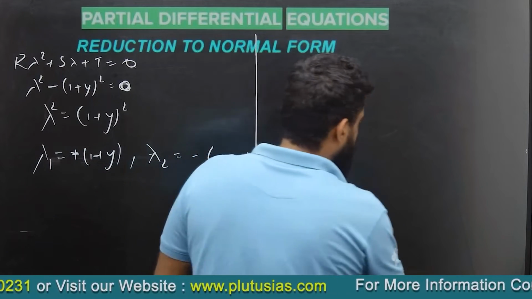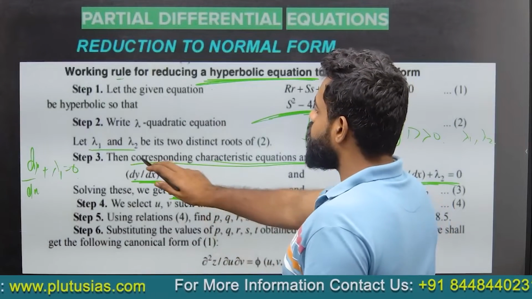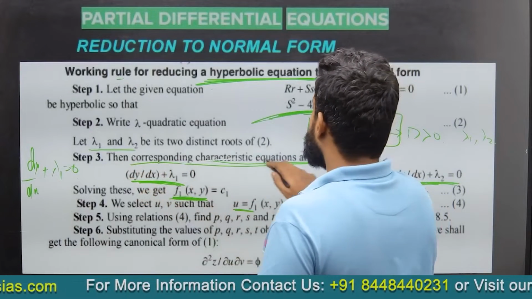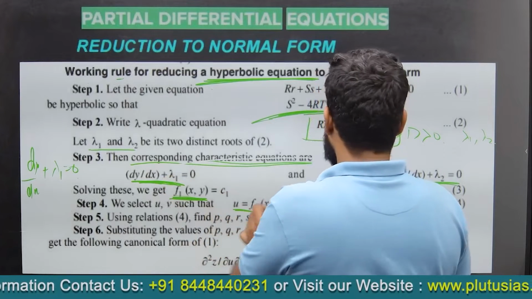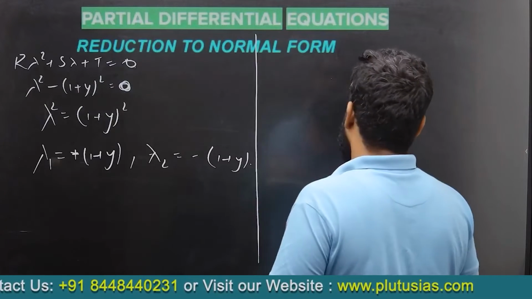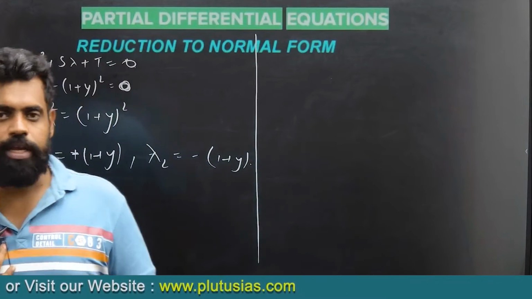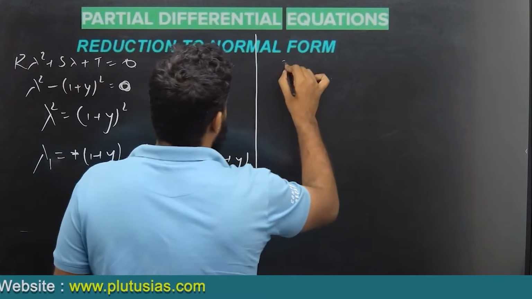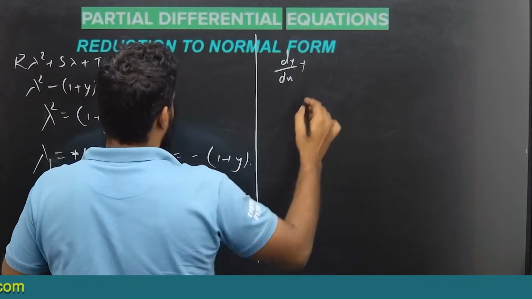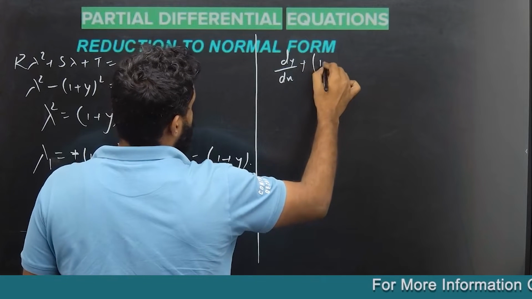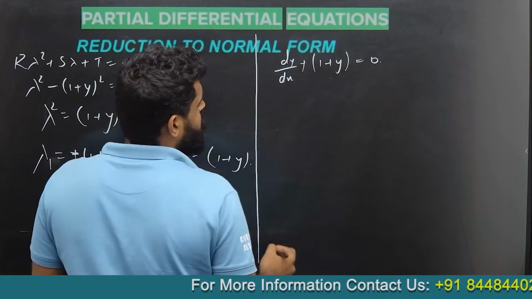Okay, so what is the next thing we have to do? The third step is the corresponding characteristic equation: dy by dx plus lambda 1 equal to 0, dy by dx plus lambda 2 equal to 0. So we calculate the corresponding equation, that is dy by dx plus lambda 1. For lambda 1 we have dy by dx plus (1 plus y) is equal to 0.